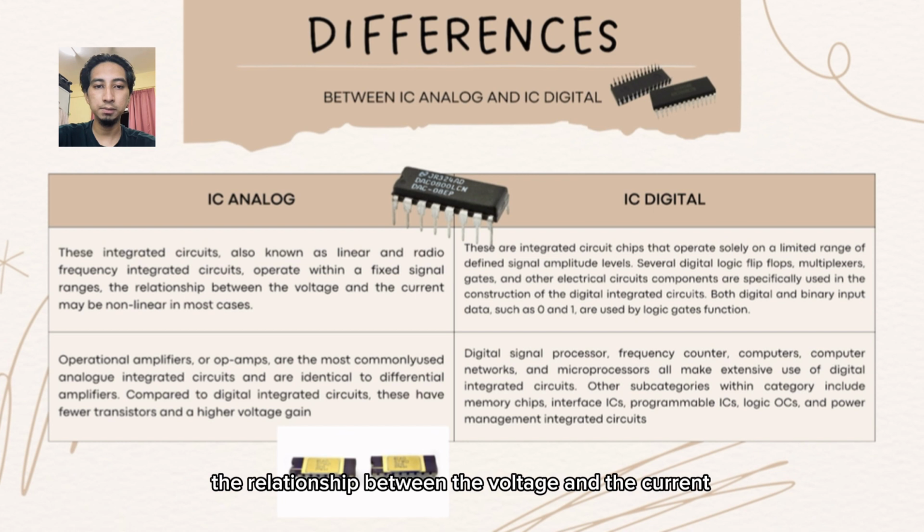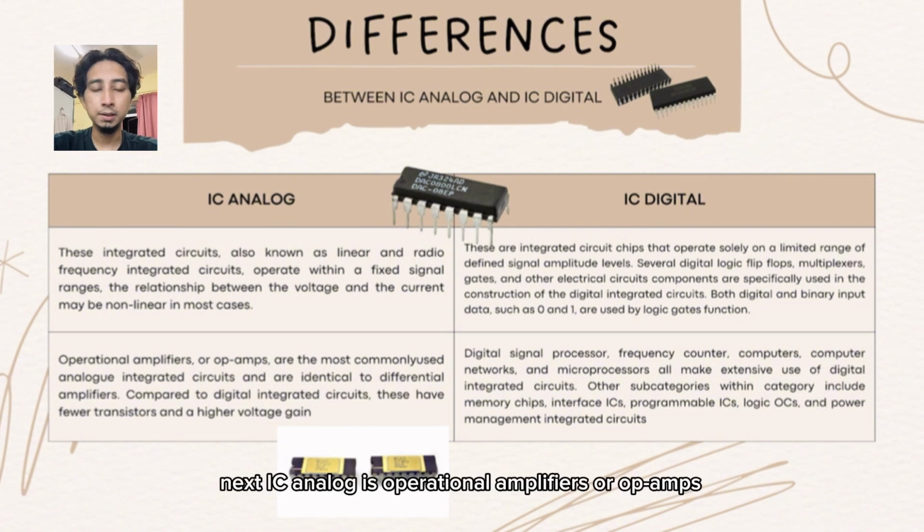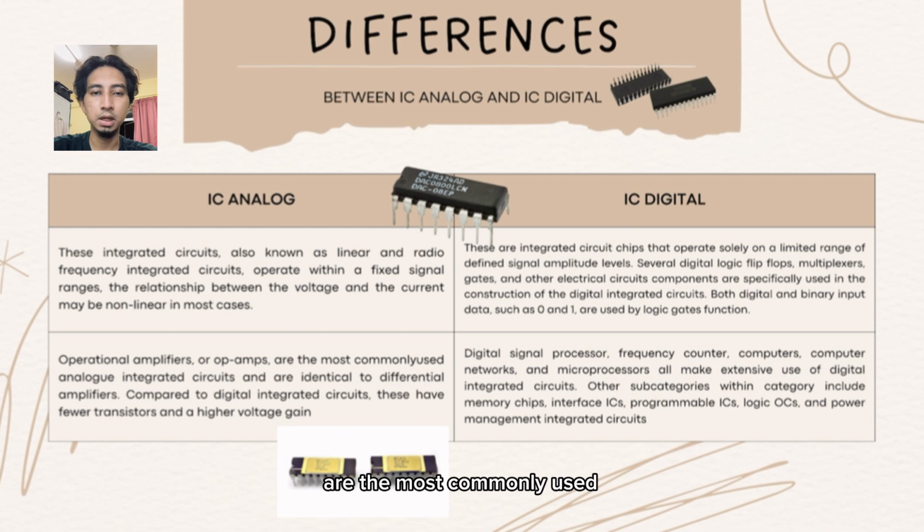The relationship between the voltage and the current may be non-linear in most cases. Next, in IC analog, operational amplifiers, or op-amps, are the most commonly used analog integrated circuits and are identical to differential amplifiers. Compared to digital integrated circuits, these have fewer transistors and a higher voltage gain.